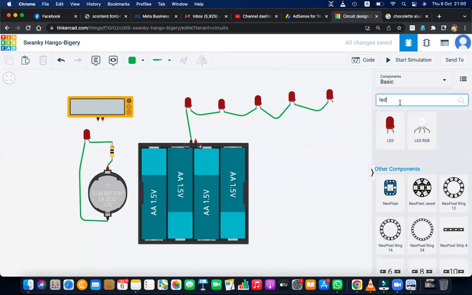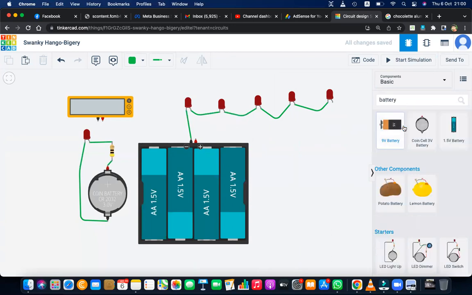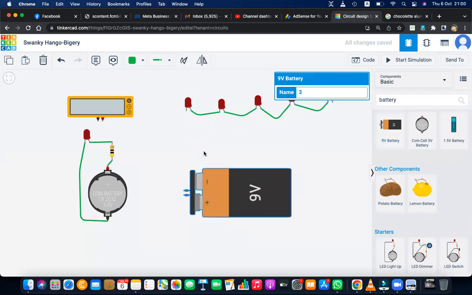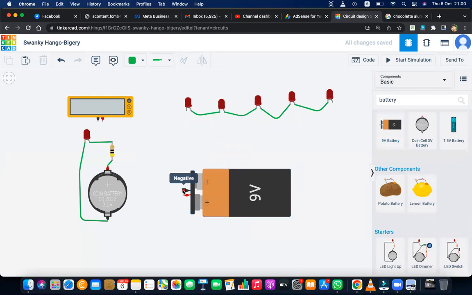Let's take another set of batteries, right? I prefer to have 9-volt batteries, because they can provide more voltage. Positive.